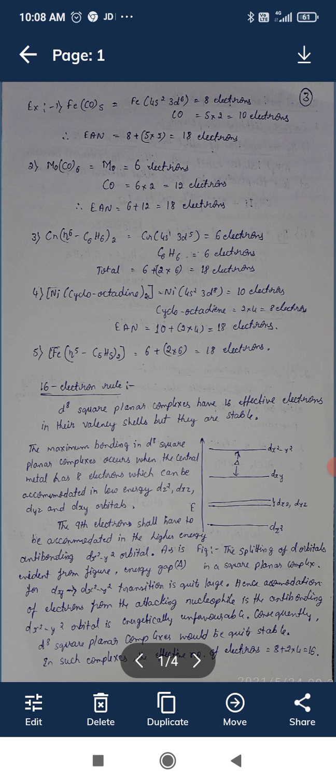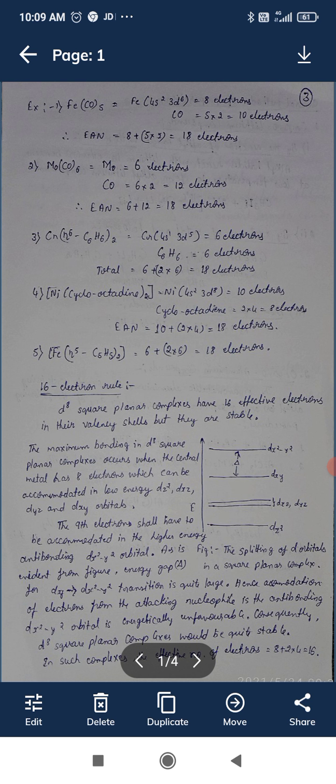As is evident from the given figure, the energy gap to dx square minus y square is quite large. Hence, accommodation of electrons from an attacking nucleophile in the antibonding dx square minus y square orbital is energetically unfavorable. Consequently, d8 square planar complexes will be quite stable.